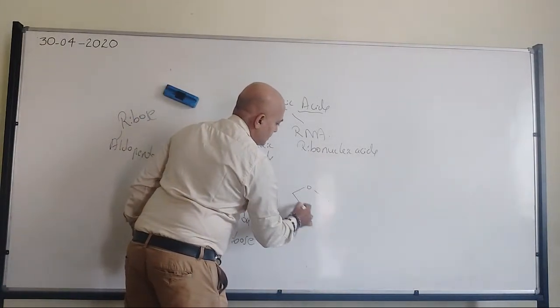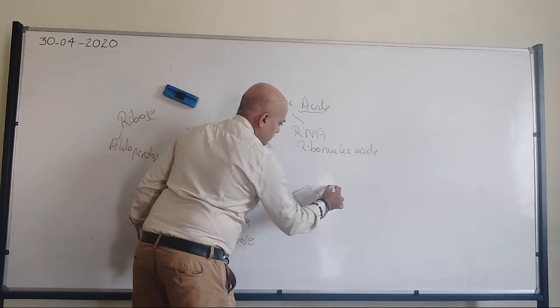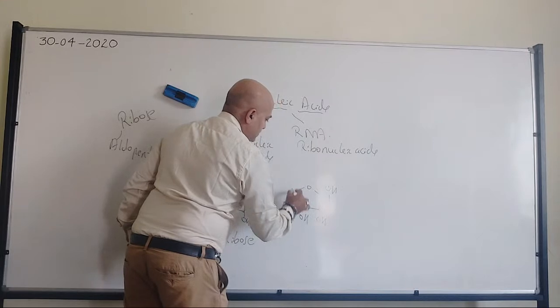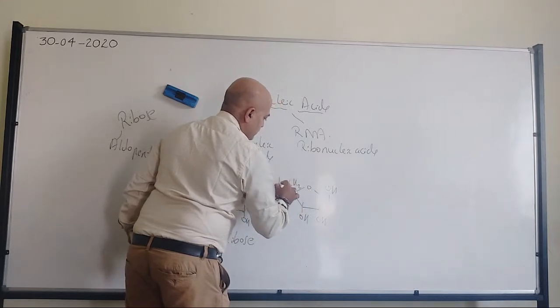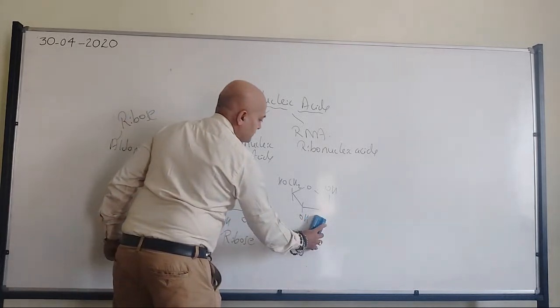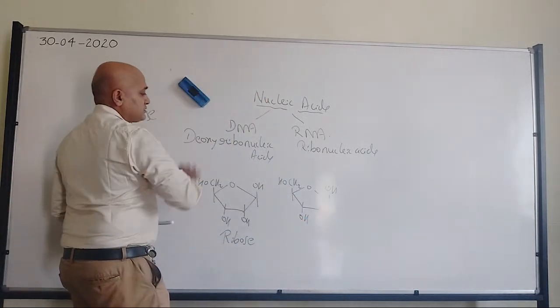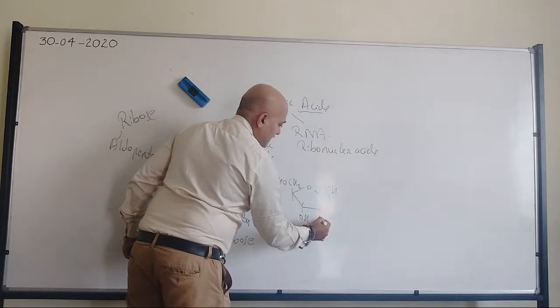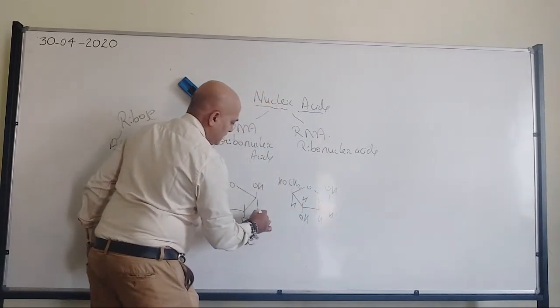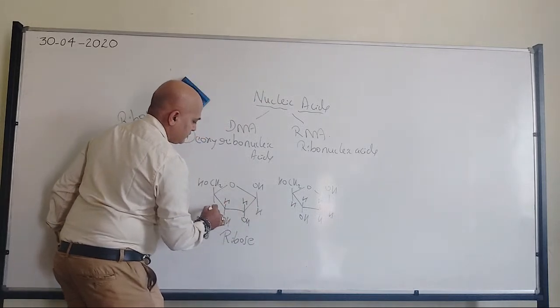That absence of oxygen will be OH, OH, OH, CH2OH. Absence of oxygen will be here. Okay? So that's where we have the H, H. All the other hydrogen also I will write to avoid the confusion.